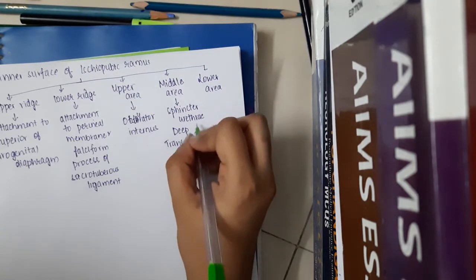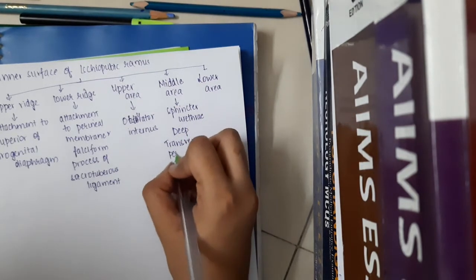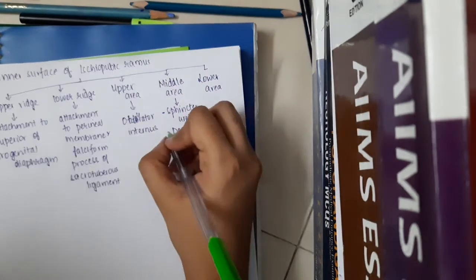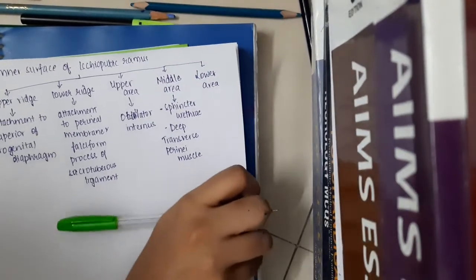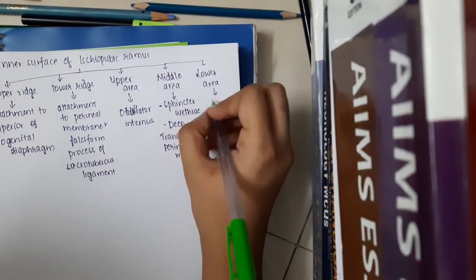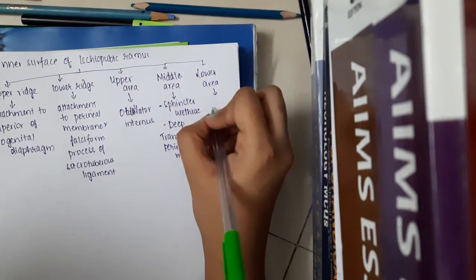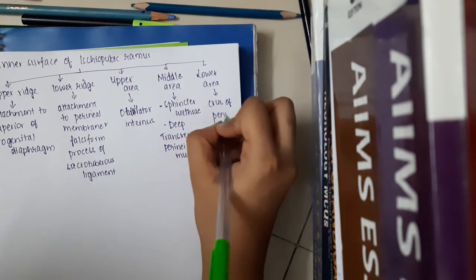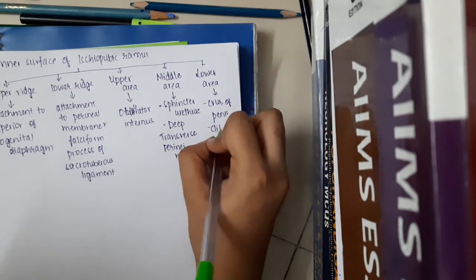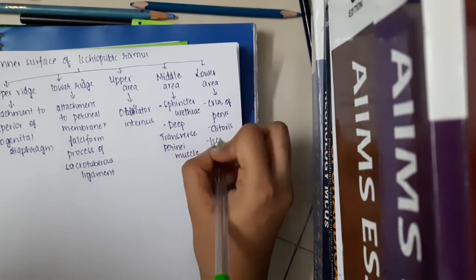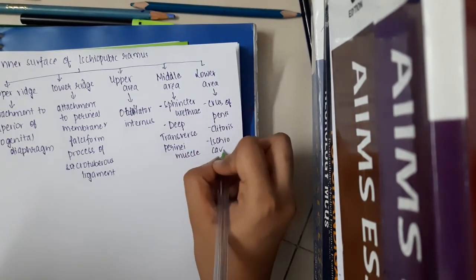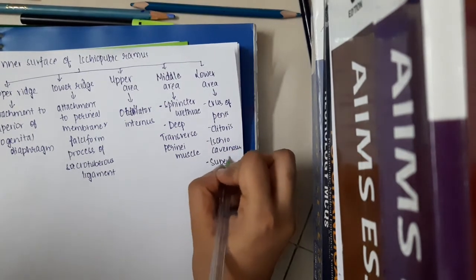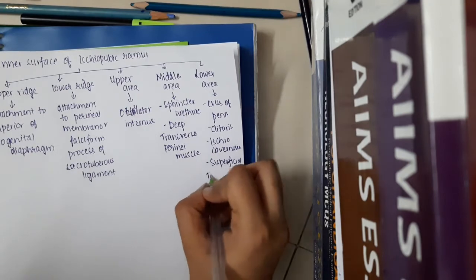And the lower area provides attachment to the crus of penis, clitoris, and ischiocavernosus muscle, and you have the superficial transverse perineal.